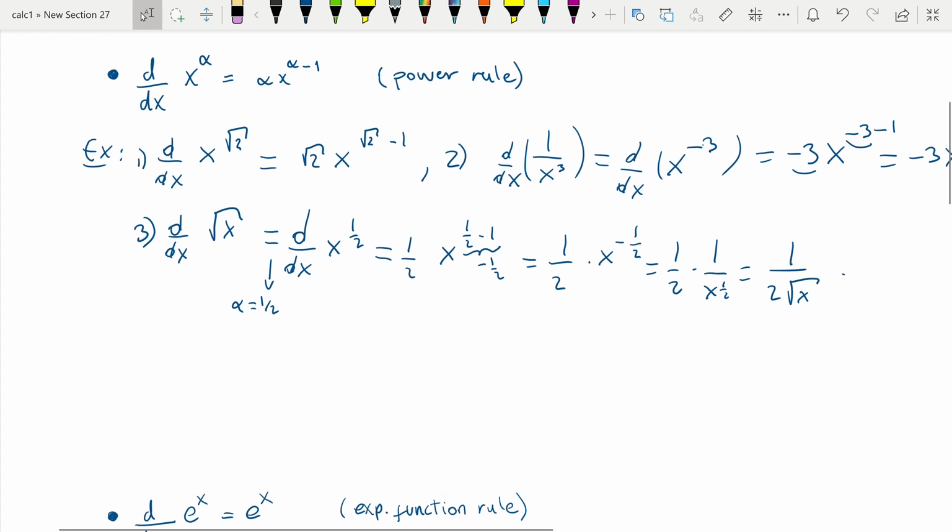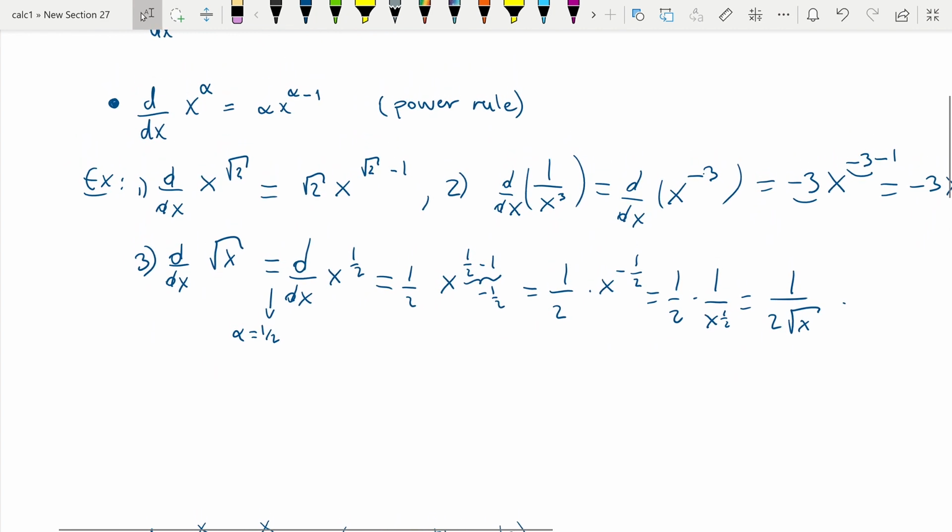Okay, and so there are combinations of these things. So for example, you may be asked to differentiate the fifth root of x to the 4th.